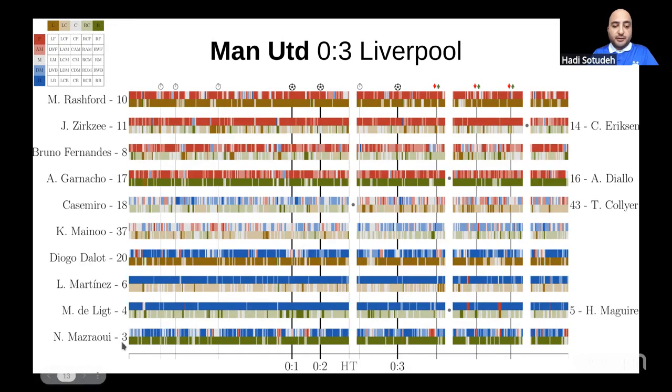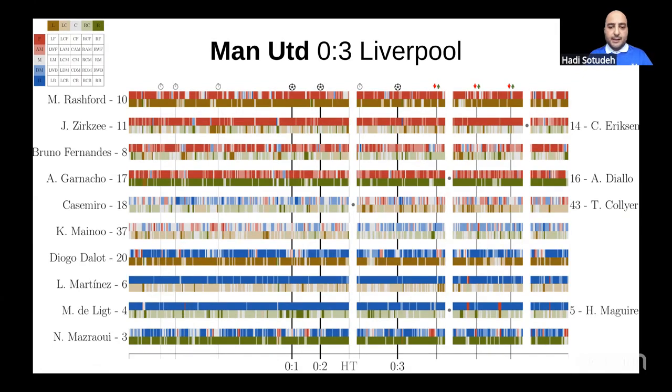But as we discussed, number 3 is showing to be more offensive than number 20. He has, let's say, a lot of colors in gray or red or even light blue. And so he was the offensive fullback, playing as a right back basically in this match. Number 4, the right center back, because of the light green color when it comes to the horizontal level. Number 6, the left center back, and number 20, the left back.